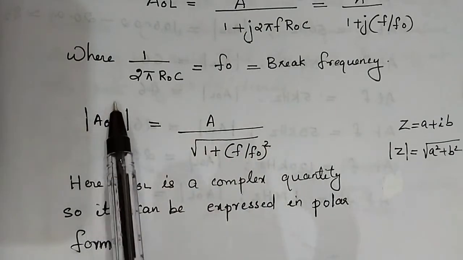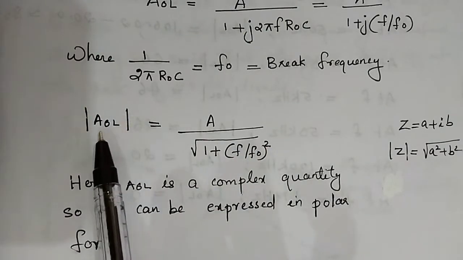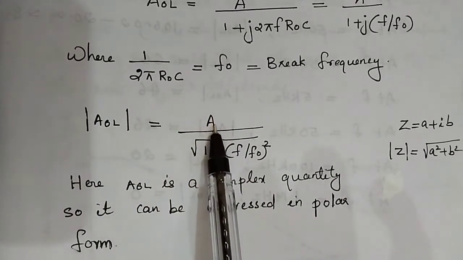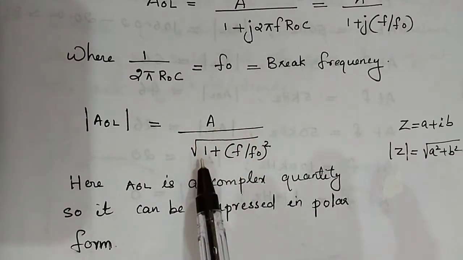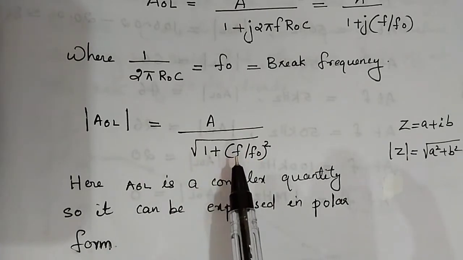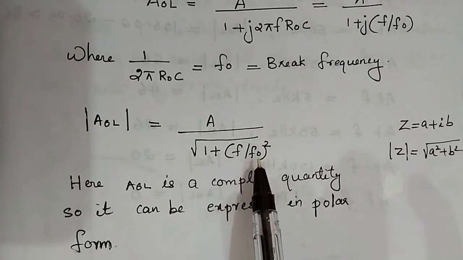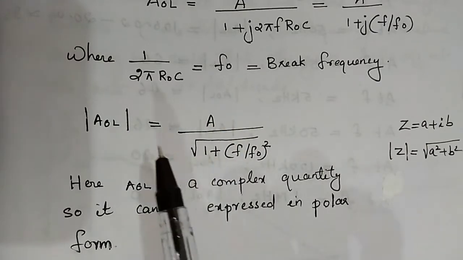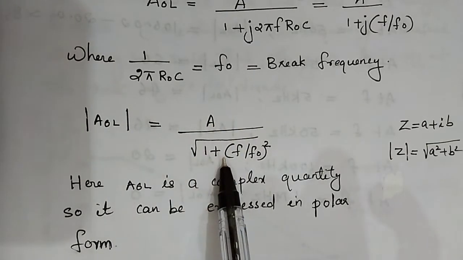So, we get modulus value of AOL, open loop gain, as a function of frequency as gain A divided by root of 1 plus (F by F0) the whole square, where F is the operating frequency and F0 is the break frequency. So, this is the final expression for open loop gain as a function of frequency.